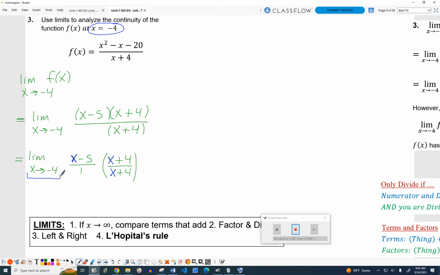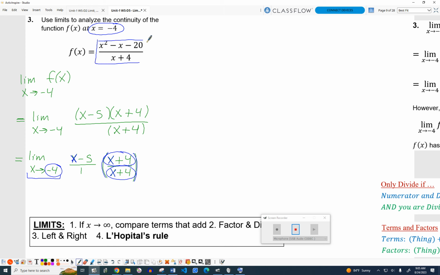And it will be the exact same number on the top as you get on the bottom. So say it together as a class: what do you always get if you take something divided by itself? 1. So if x is getting close to -4, either a little more or a little less, like we're doing the limit, this will equal 1. That's the whole reason we factored, was to find that. It's not easy to see that up here.